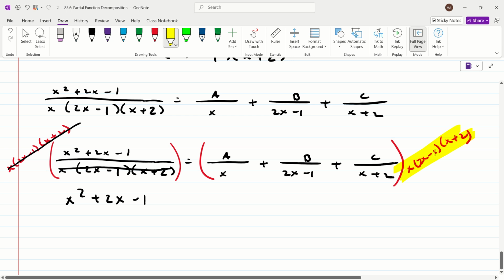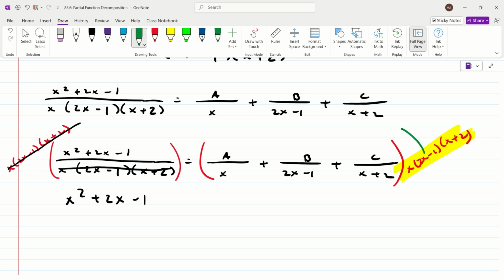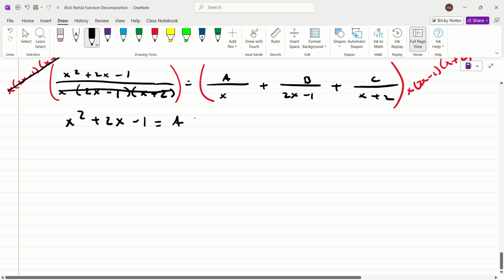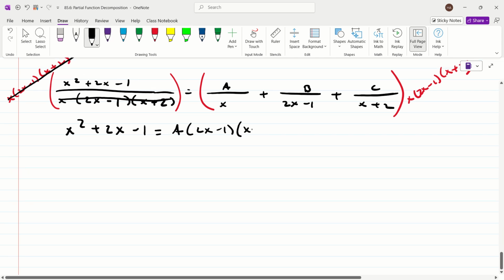When you take this LCD and distribute it to all of these 3 elements, the first product, this a over x times this LCD, the x's will be the only things canceling out, leaving you behind with a times 2x minus 1 and an x plus 2.